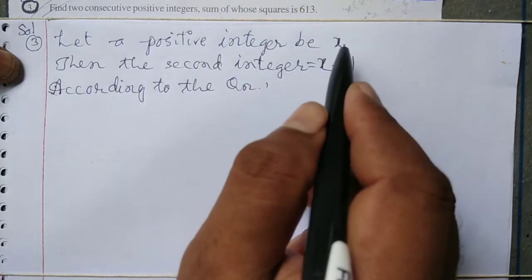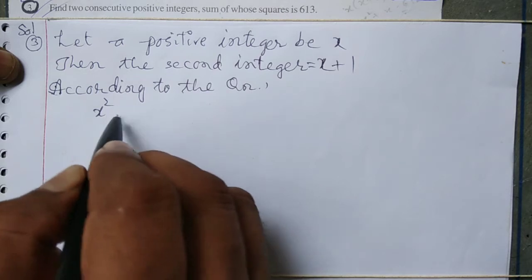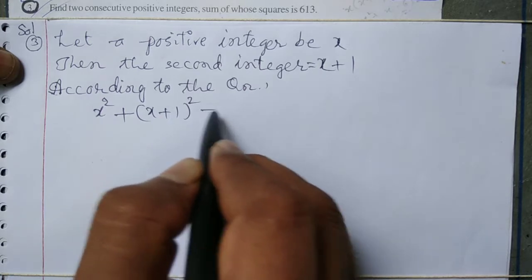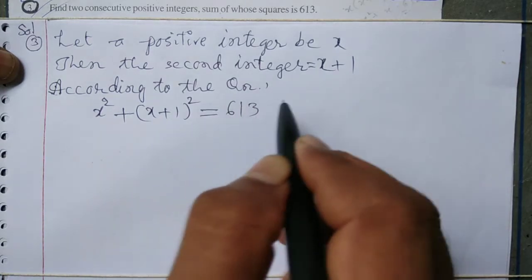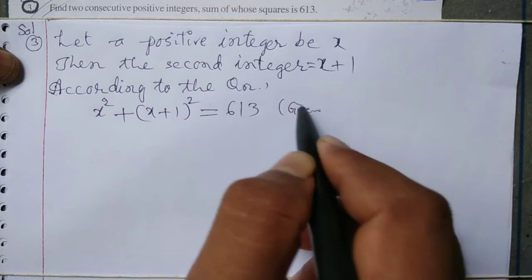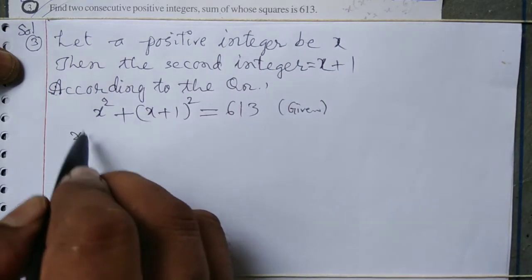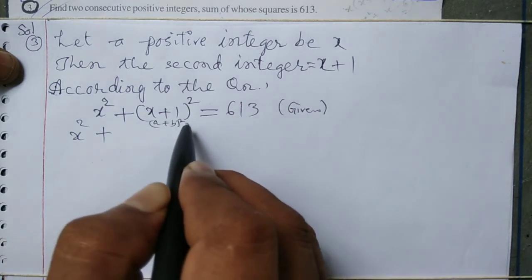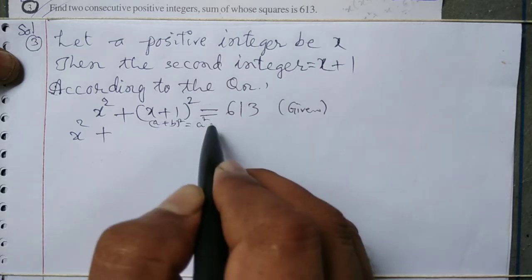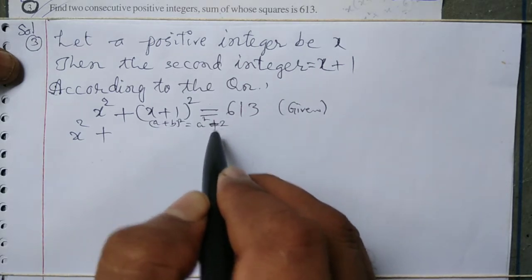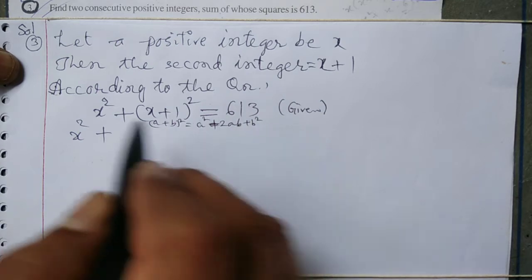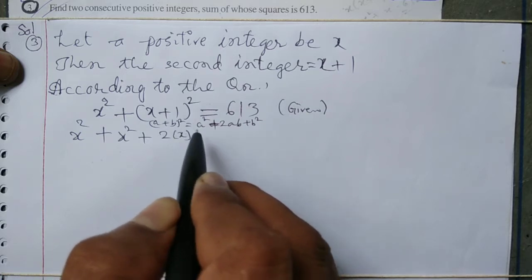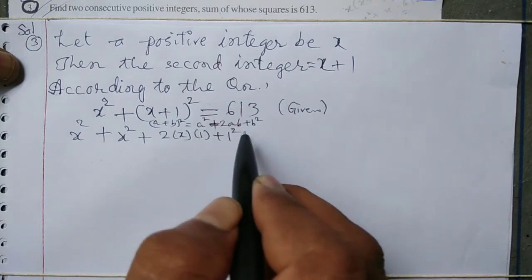That's why x square plus x plus 1 whole square is equal to 613, is given. x plus 1 whole square is in the form of a plus b whole square. A plus b whole square is a square plus 2ab plus b square. Therefore, x square plus 2 into x into 1 plus 1 square is equal to 613.